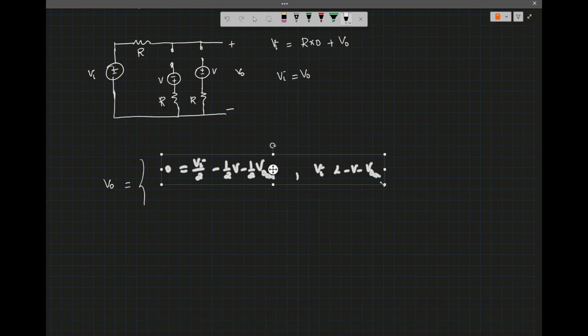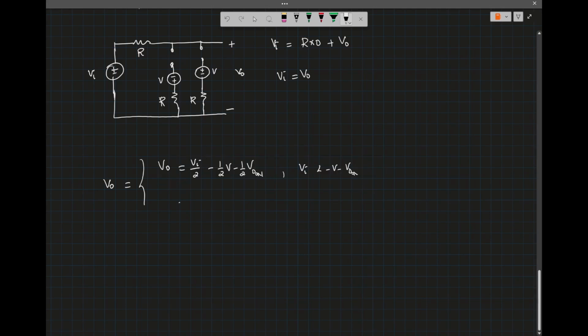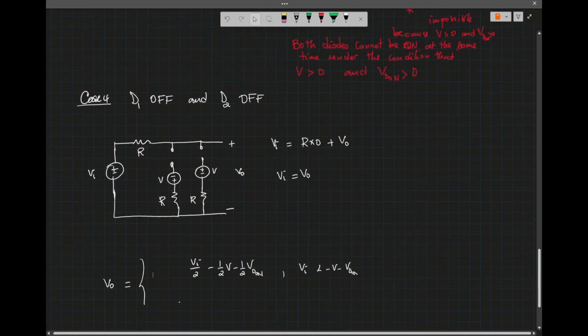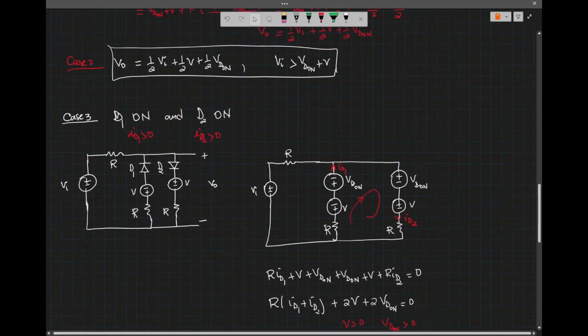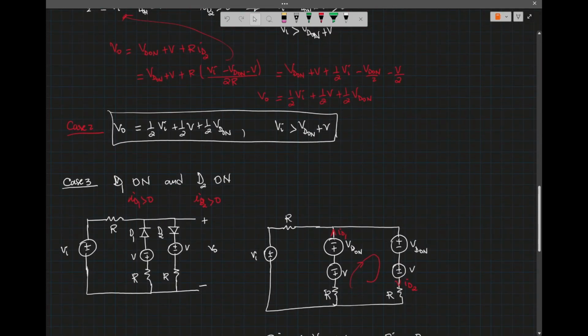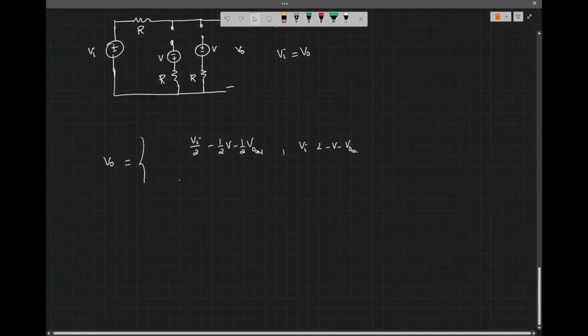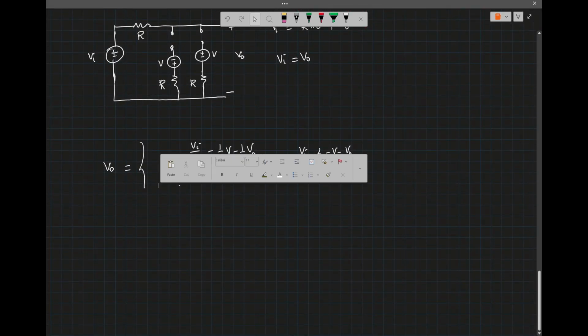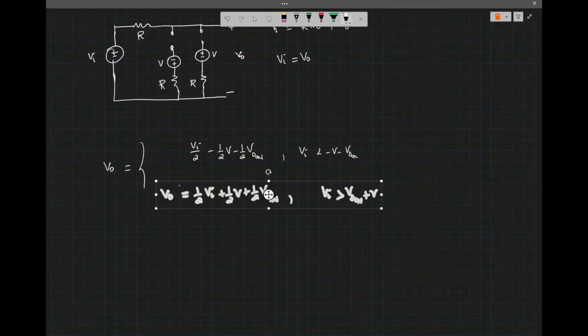So that's what we had, and this is V0. And case 2 is this.